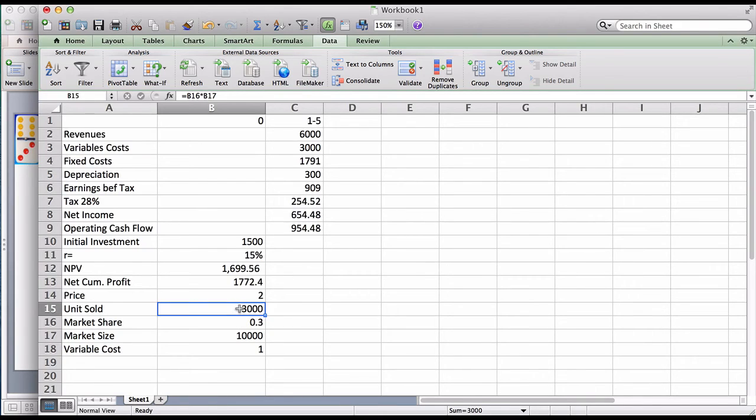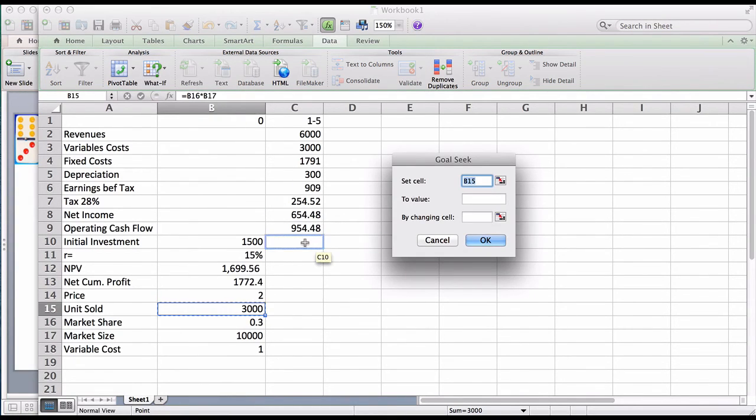The units sold here is based on 3,000. What that's saying is that's a formula. So we need to go down into the market share or the market size. So what we would then do is do GoalSeek again and set our net cumulative profit cell B13 to value 0 by changing cell, and the inputs into the units sold are the market share and the market size.